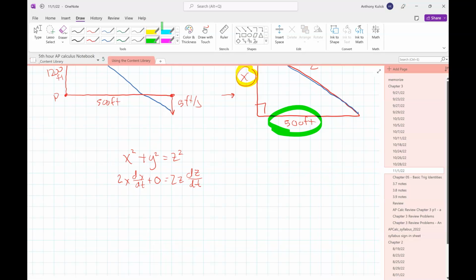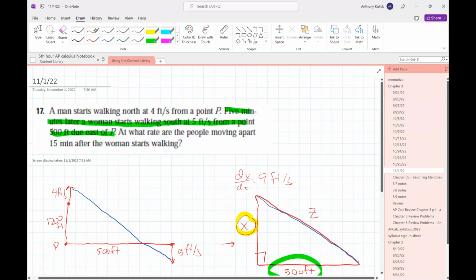Yeah, y was the 500 feet. That part's constant, right? The horizontal distance between the two people walking is constant. Everybody agree? Okay.